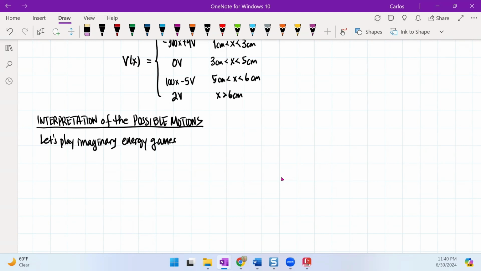And I don't know why we have a question mark there, but what are the possible motions?